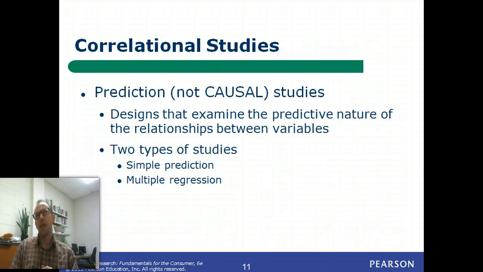And something to mention is that you can use correlational studies when you have two continuous variables. And really, you can even use it when you have a categorical independent variable to predict an outcome, but it's not showing the cause. We're just trying to make a prediction. If we have this value on the independent variable or variables, what is our best guess at the value on the dependent variable?